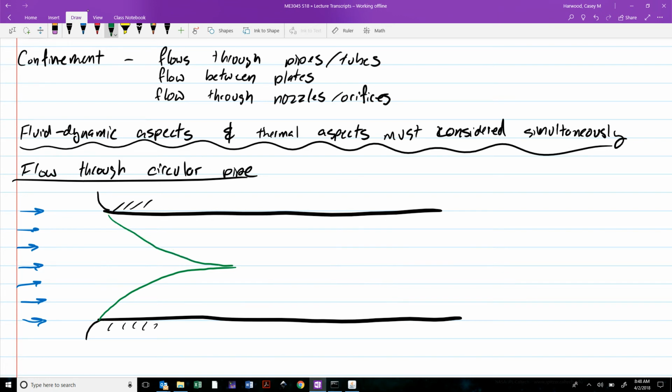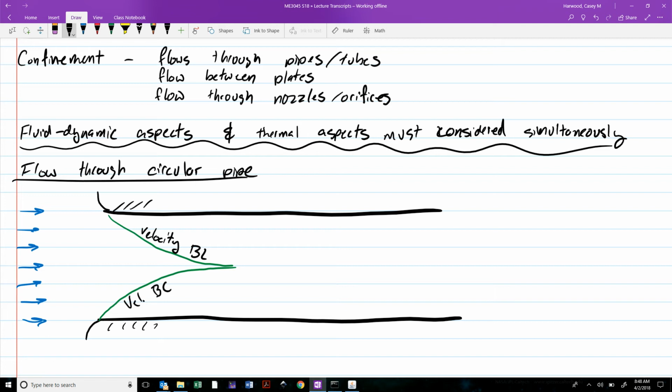Go ahead and refer to both of these as a velocity boundary layer, and this is the same thing. So we've got these two boundary layers, or really one boundary layer that is extending around the entire perimeter of this pipe. You can think of a slice through this as looking like a donut.